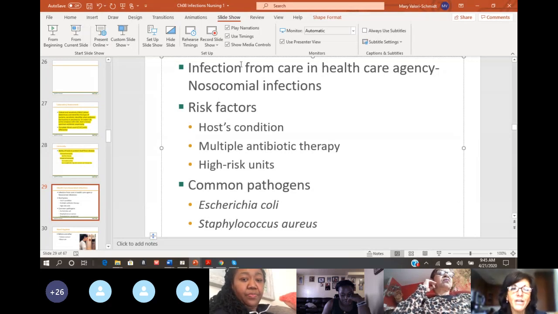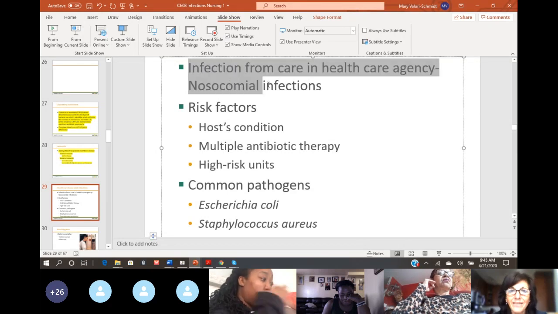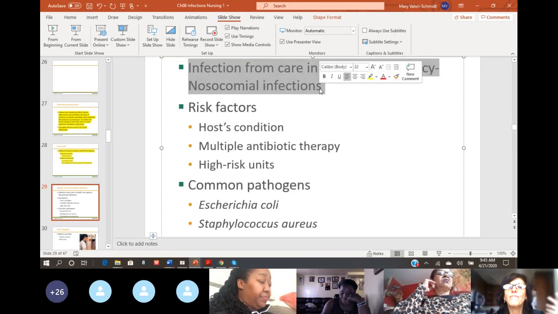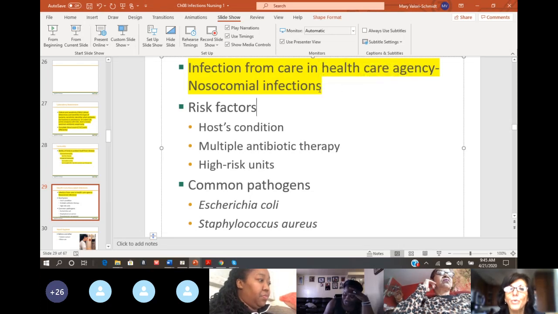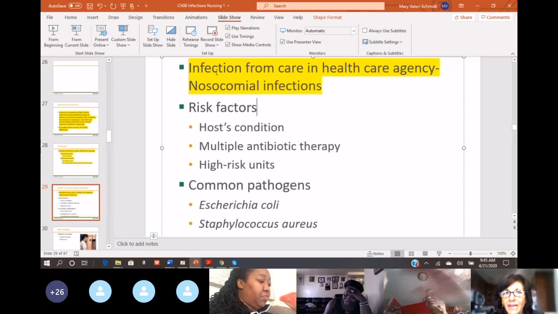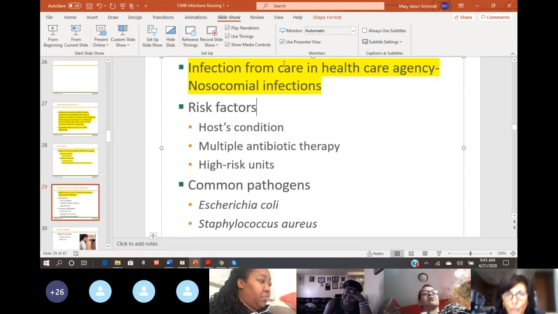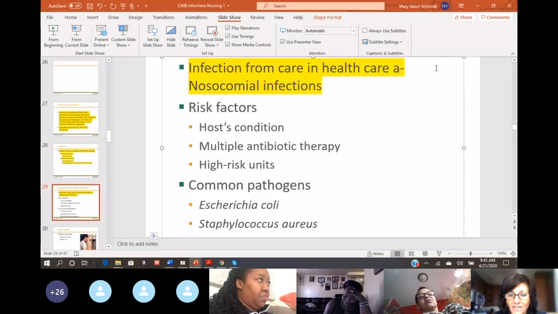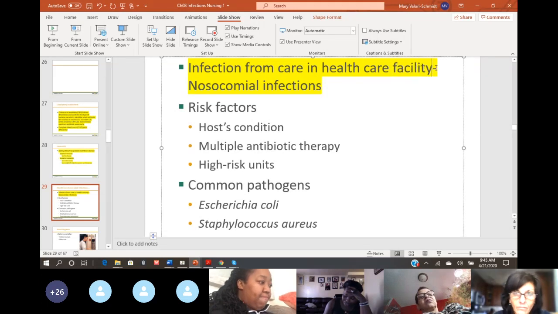So an infection that is contracted in some type of a facility is called a nosocomial infection. You need to know what this means. It's an infection that you get from receiving care in a healthcare, I'm going to call it facility, not agency. Like a nursing home, a hospital, any of those things, okay?